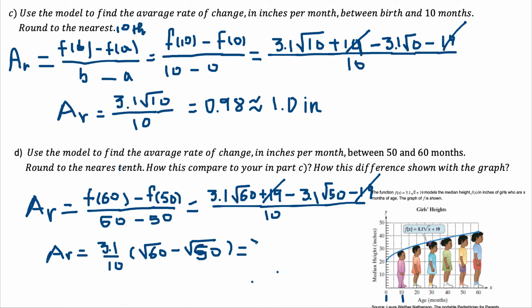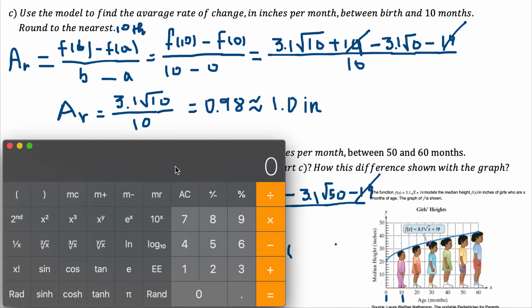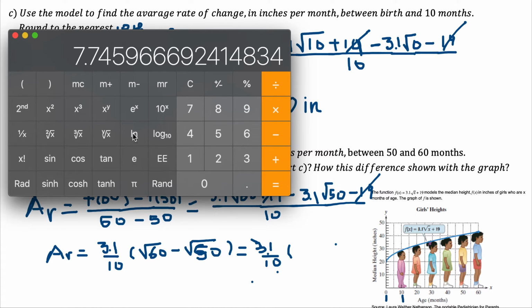Let me rewrite again one more time. 3.1 divided by 10, times the difference. We are almost at the end, and let me write those in decimal numbers. So let me take a calculator here, and let's see what we can get. Let's go to the upper one. The square root of 60 is 7.74.